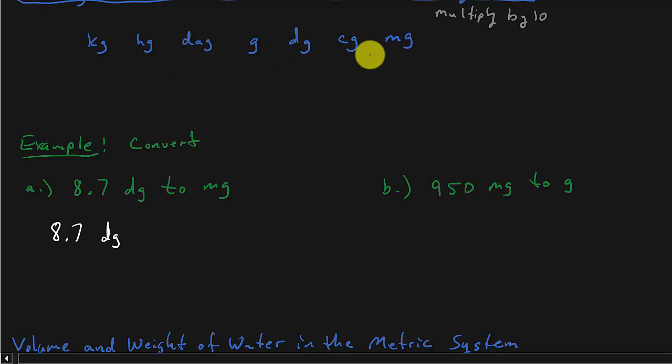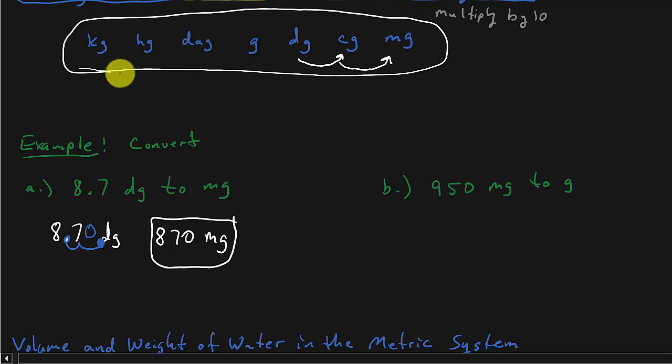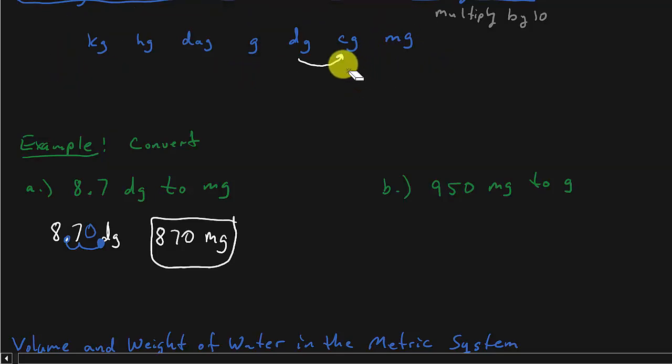We've got decigrams, and we have to move 2 places to the right to get to milligrams. There's the decimal, so we move it 2 places to the right, and we add a 0. That would be 870 milligrams, and there's your answer. It's really easy if you have this chart.